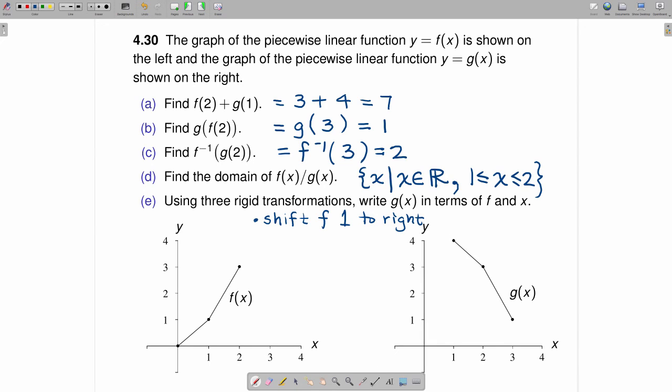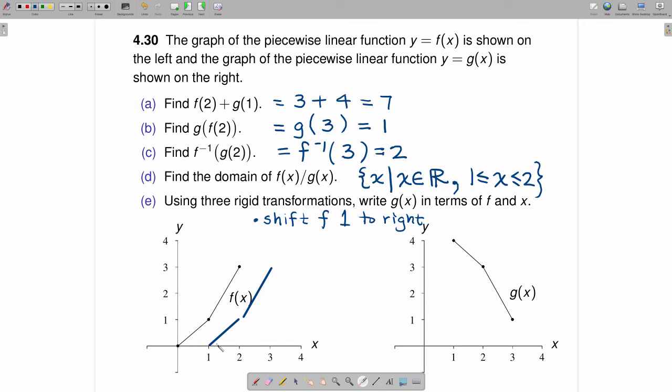So if we take f of x and shift it 1 to the right, we essentially have moved it from where it is over to here. Now, by doing that, we have moved f of x to where it's defined from 1 to 3, the same as over here.